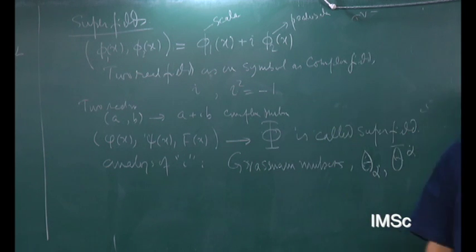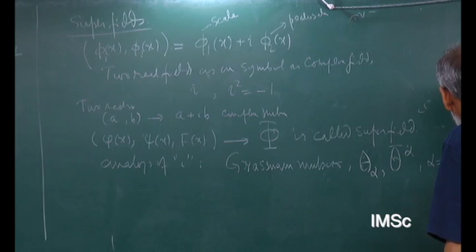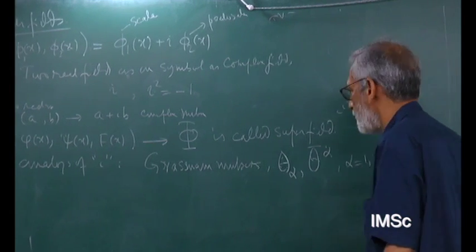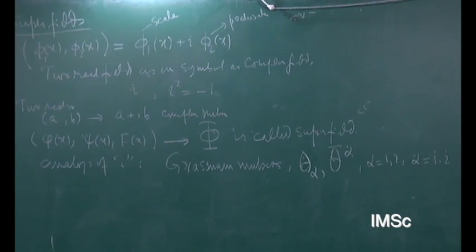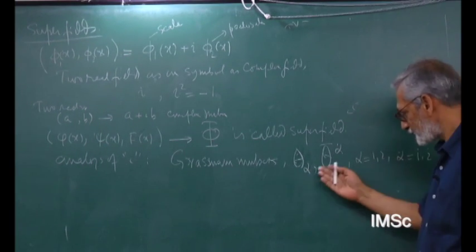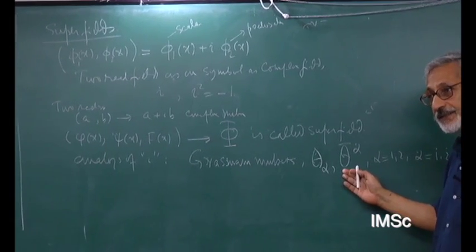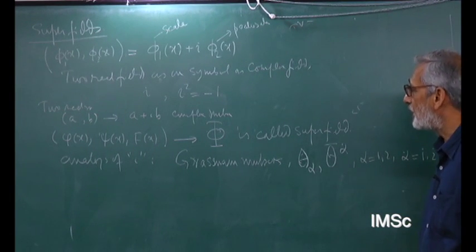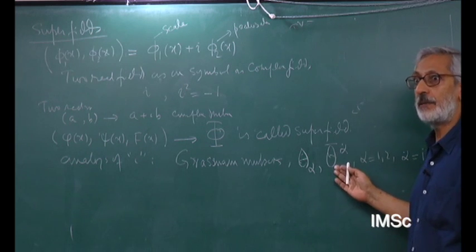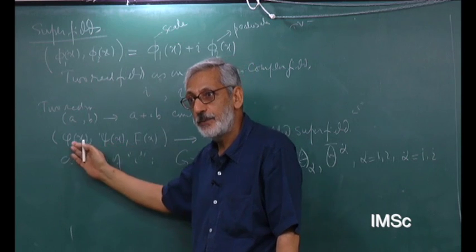They have to transform under Lorentz transformations, so they will have spinorial indices. Alpha is 1 and 2, alpha dot is 1 dot and 2 dot. So they carry Lorentz transformation properties. Not only that, they will also carry mass dimensions, because they are describing fields with different mass dimensions.